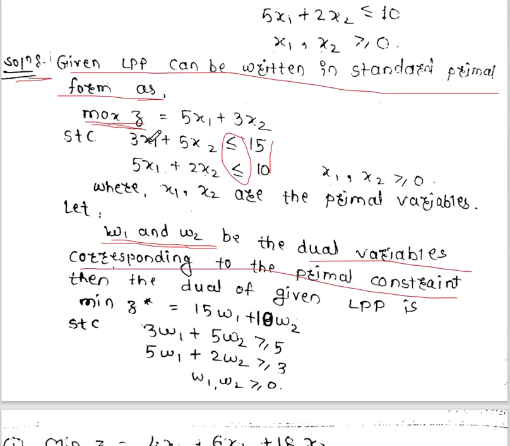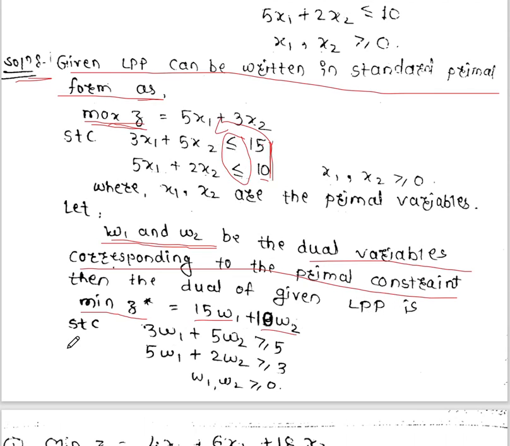Here the problem is maximum, so the dual of this is minimum Z star. This column will become a row, that is 15W1 plus 10W2. That means this becomes the objective function.